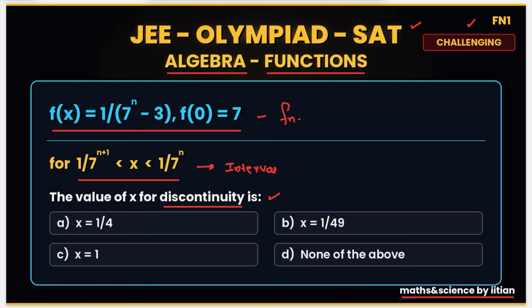A function f(x) equal to x is always continuous. There is no discontinuity, for whatever may be the value of x, plus minus infinity to plus infinity on a real line. We can define that if f(x) is equal to x.